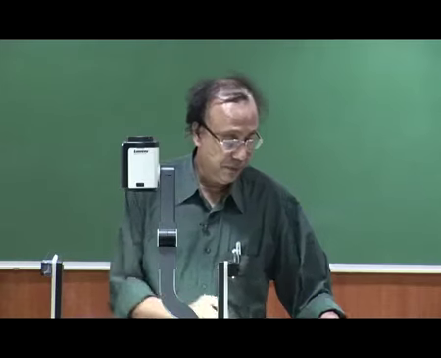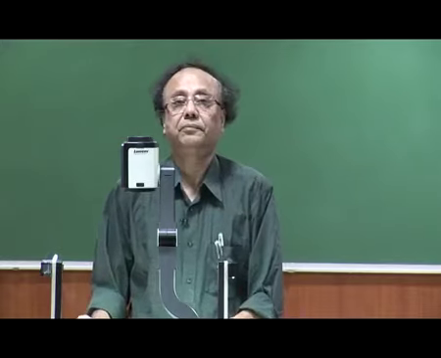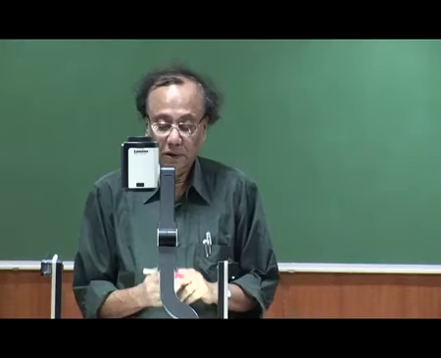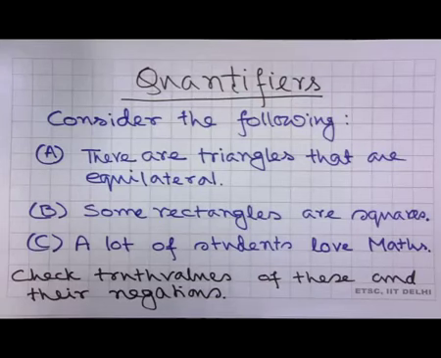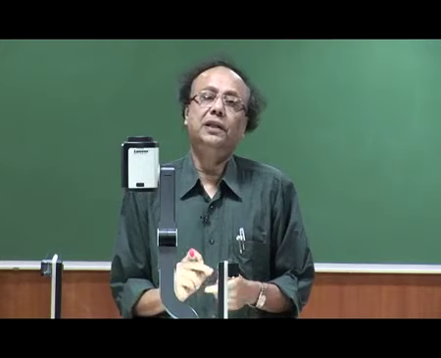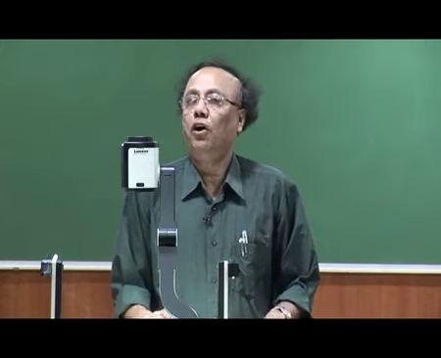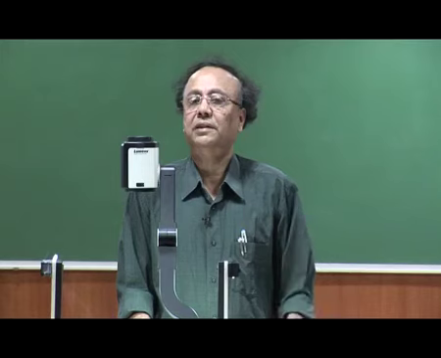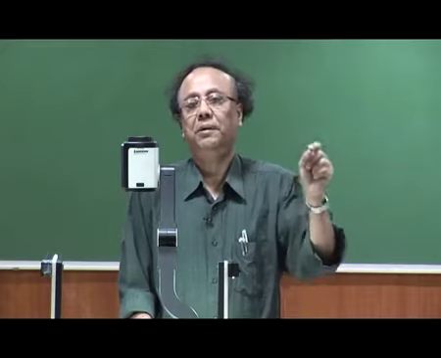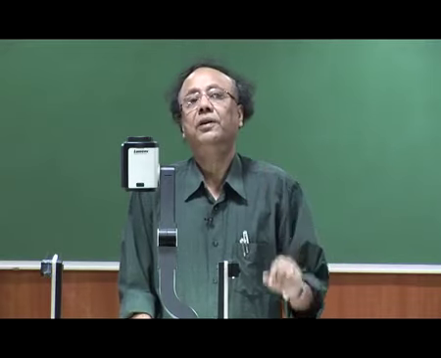Before I move to the next set of problems, let me make a small digression. In this respect, let me talk about quantifiers. If you have noticed, in the four problems that we have solved, either the original statement is about all and its negation talks about one exception, so that the truth value is reversed.